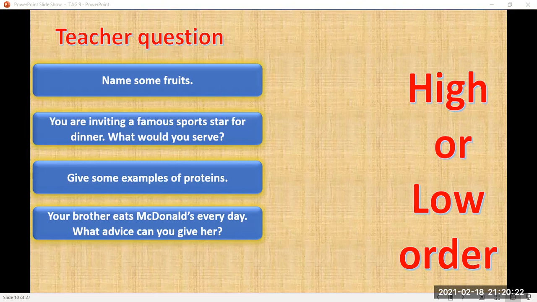Remember the names of some fruits. Excellent. It's low order skill because the student just tells something he stored in his mind about the names of fruits. So the answer here is low.